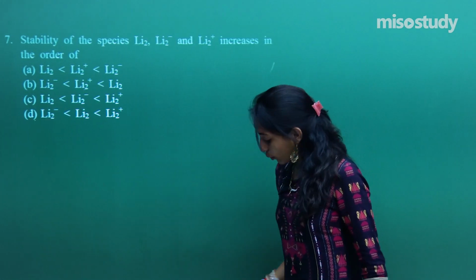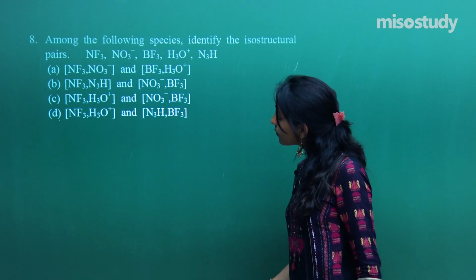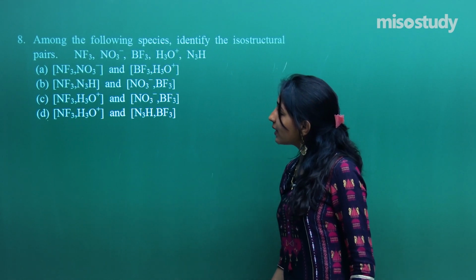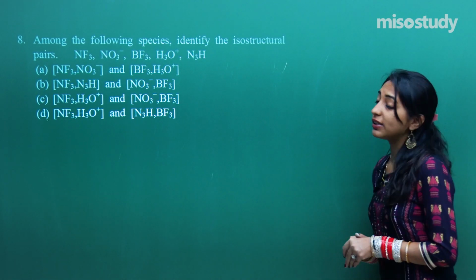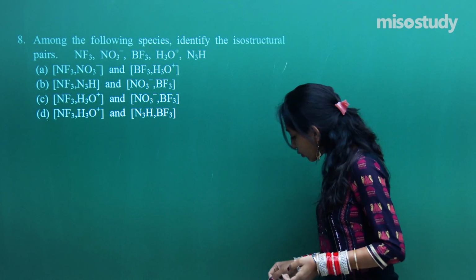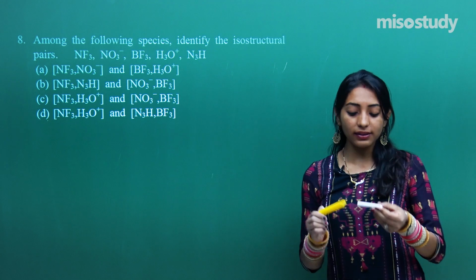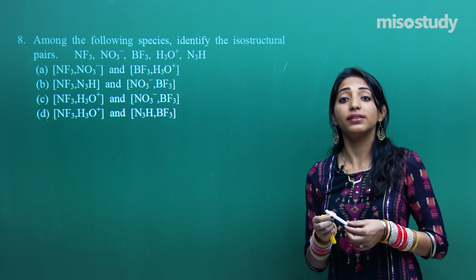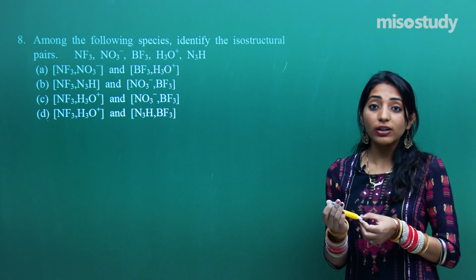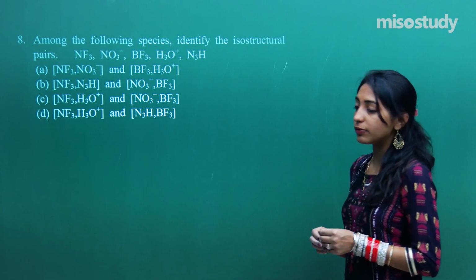So while we talk about question number 8, the question says, among the following species, you need to identify the isostructural pairs. Isostructural pairs means they are having the same structure. Iso means same, structure means structure. So they are having the same structure.